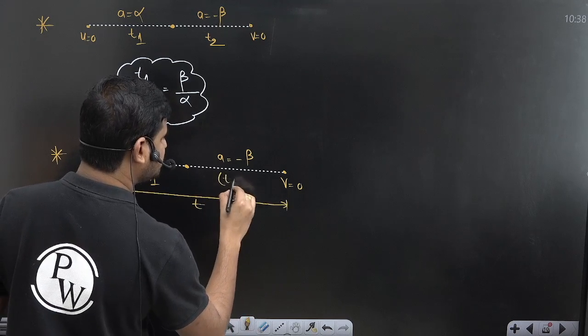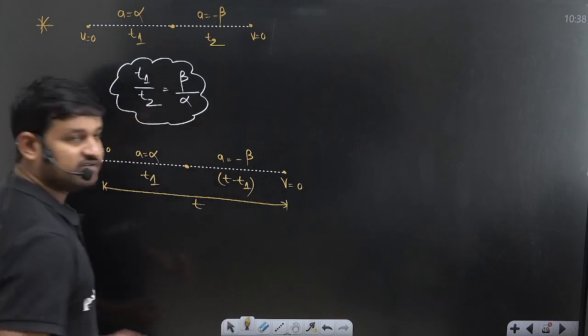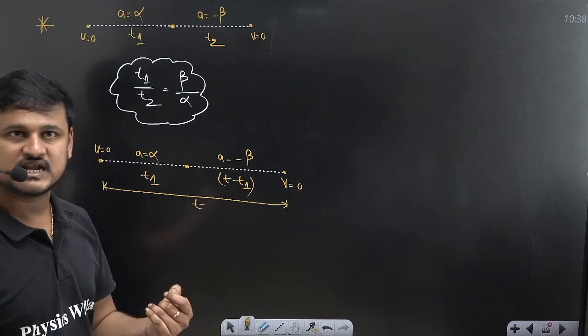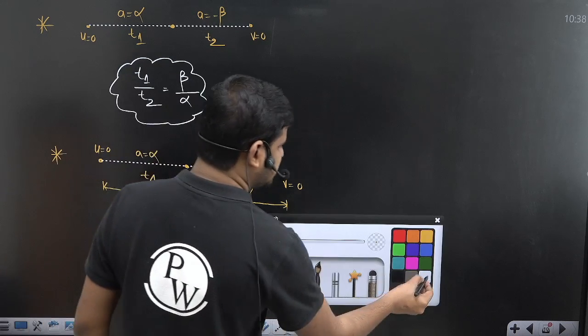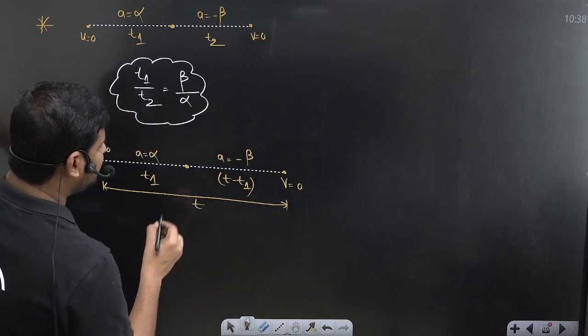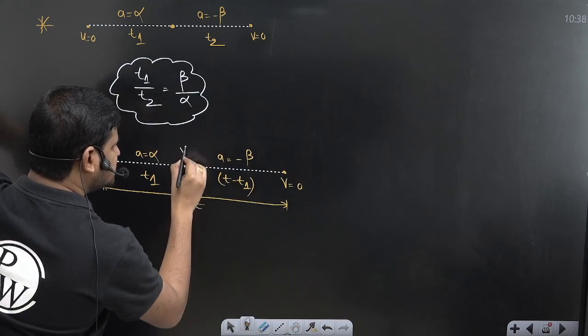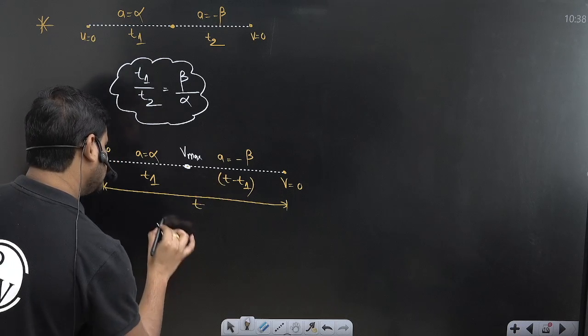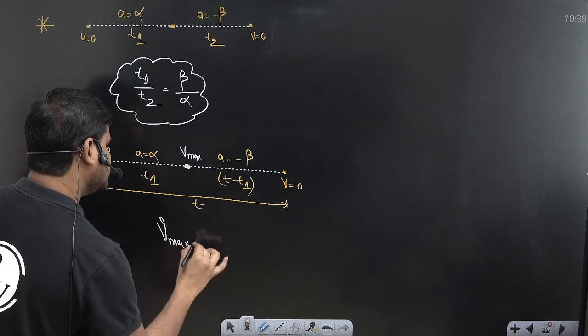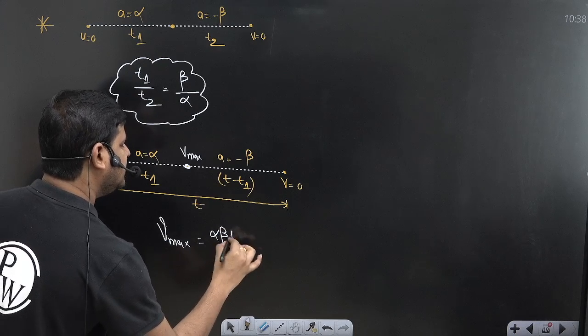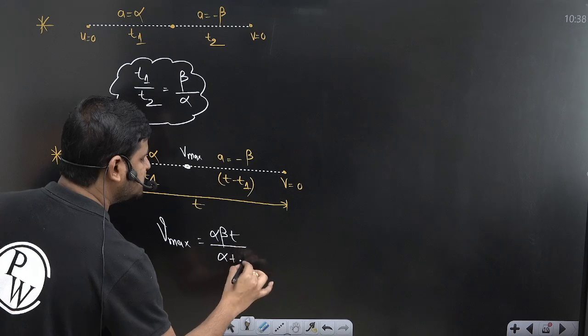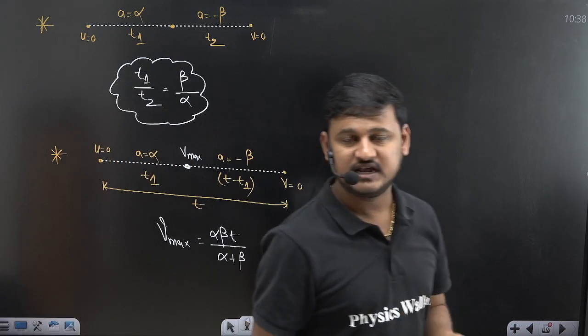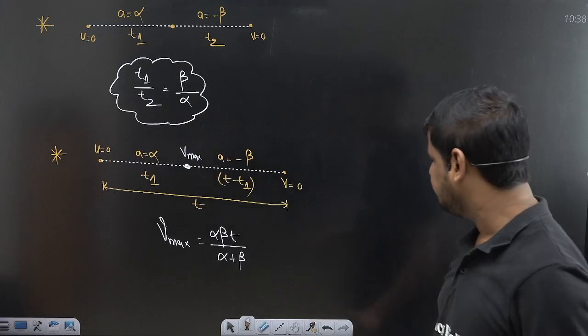So this time is obviously t minus t1. We have seen the derivation in the last class, right? So what is the maximum velocity? Here its velocity will become maximum. So Vmax is alpha beta t by (alpha plus beta), right?